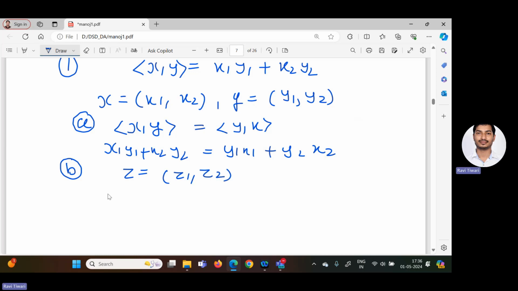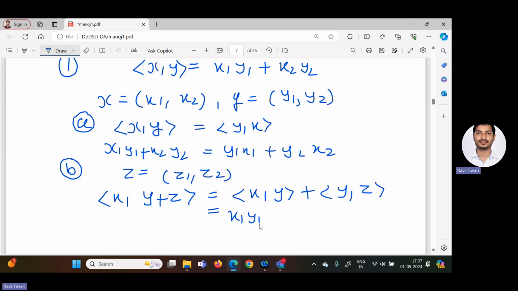According to the property, inner product of X comma Y plus Z must be equal to inner product of X and Y plus inner product of Y and Z. So left hand side we can equate to right hand side. Inner product of X and Y is X1 Y1 plus X2 Y2, and inner product of Y and Z is Y1 Z1 plus Y2 Z2.